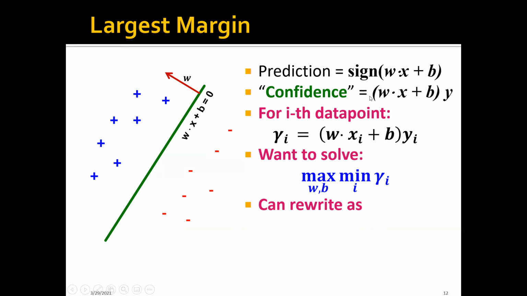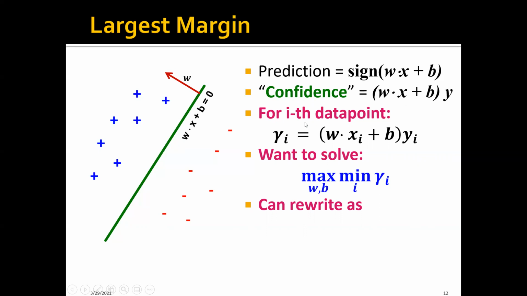Because if W times X plus B is positive and the label Y also happens to be positive, then this whole number will be positive as well. And this is exactly the distance between the data point X and the decision boundary. If you happen to predict incorrectly, then the confidence will just be negative. And this is also what we want.